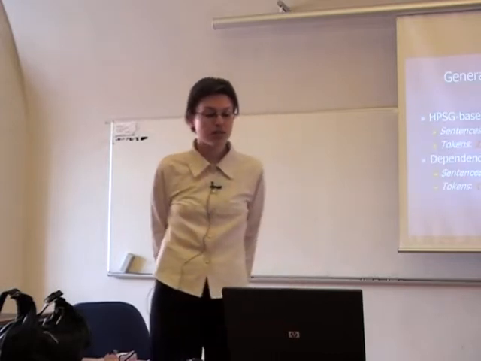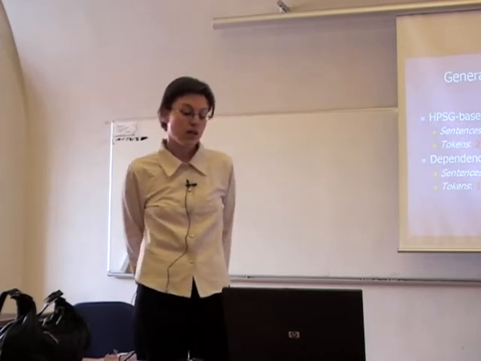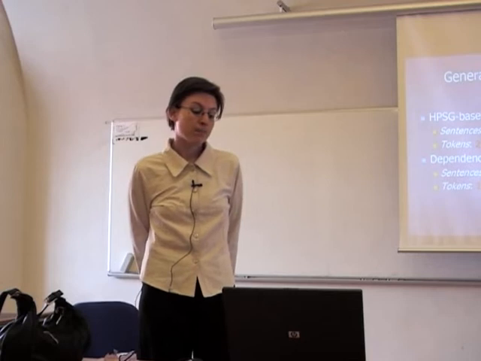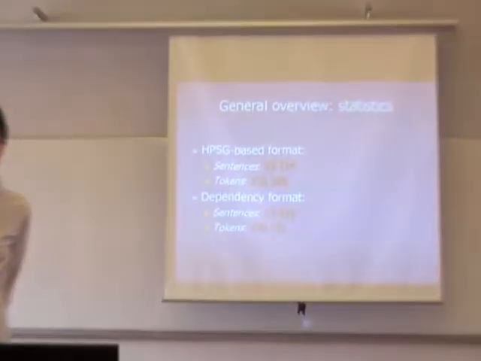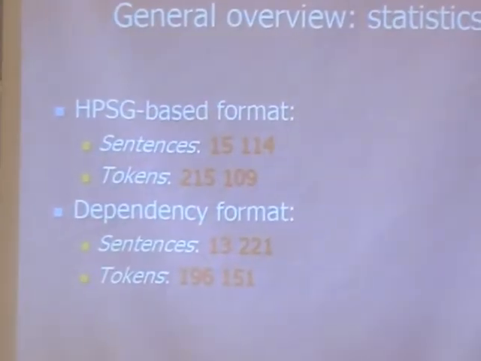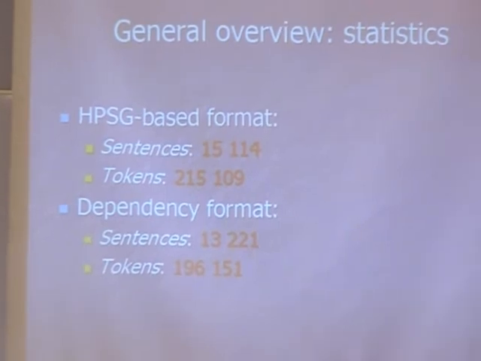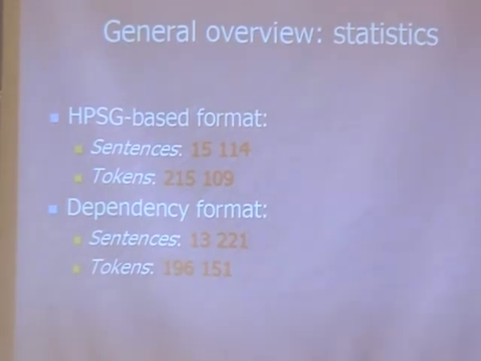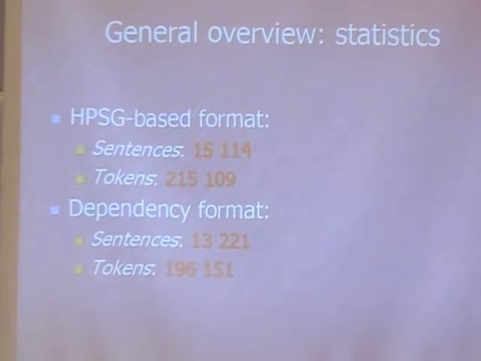I begin with the general overview, some statistics in the beginning. The HPSG-based format of our Treebank is not a big Treebank, but you see the sentences around 15,000 and the tokens around 200,000. Which is a good start, but we need more.